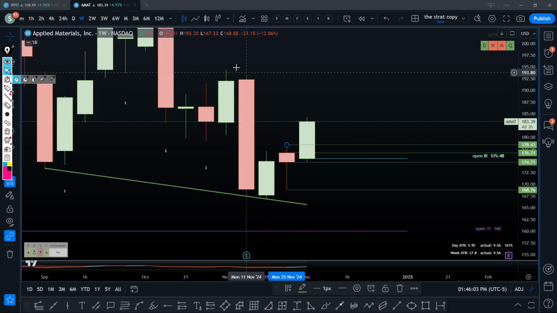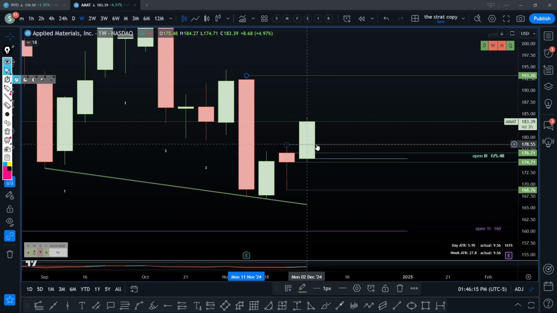Now potentially you're looking for AMAT to target 193 according to the strat, which would be another $10 from where it's at right now.